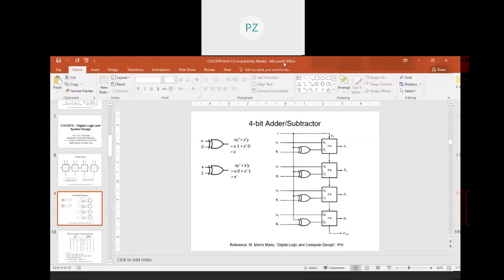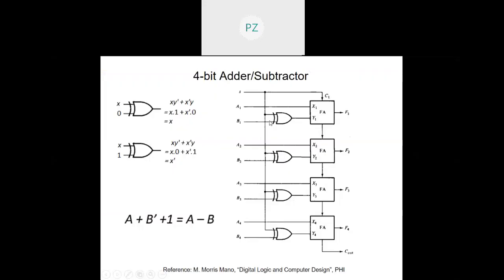So let me write it. Okay, so what is happening here? We are basically doing A plus B bar plus 1, which is A plus 2's complement of B, which is A minus B, right?